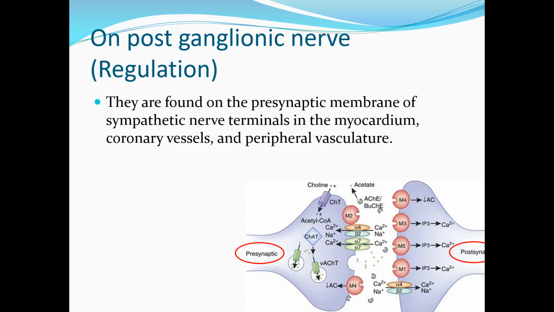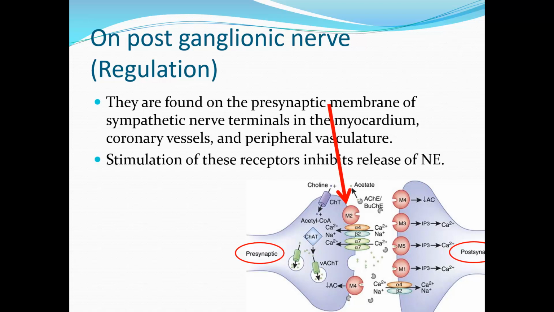So now they're found in the presynaptic terminal or membrane of the sympathetic nerve terminals, in the myocardium, coronary vessels, and peripheral vasculature. So these muscarinic receptors, now we're talking about the presynaptic membrane of the postganglionic nerve. You can see it right there.